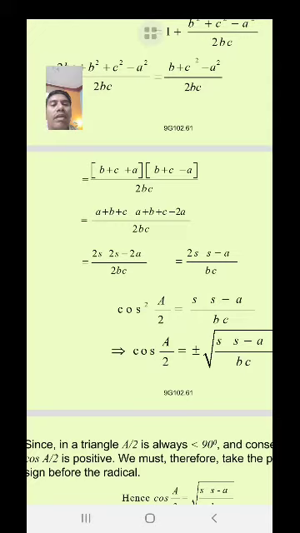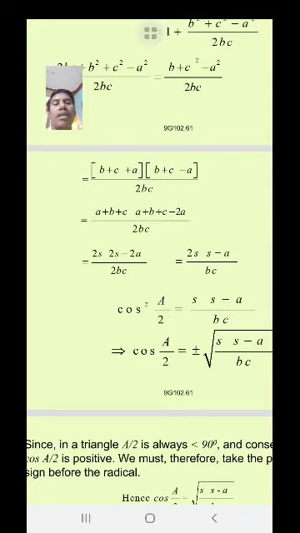Here the brackets are not printed, so we have to keep it in a bracket. Coming to the second factor, there is no positive a, so we add a and subtract a in the second factor. Then we have a plus b plus c minus 2a. So this second factor also is kept in a bracket.